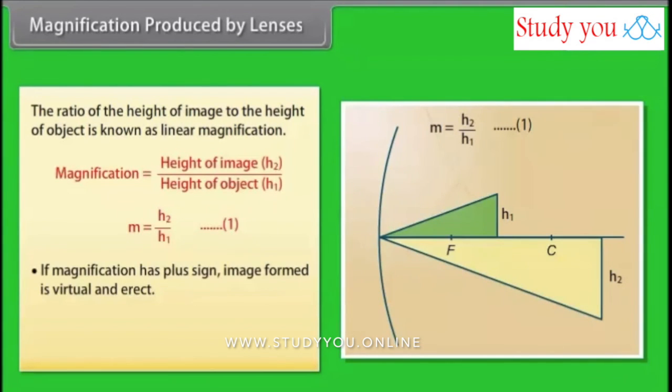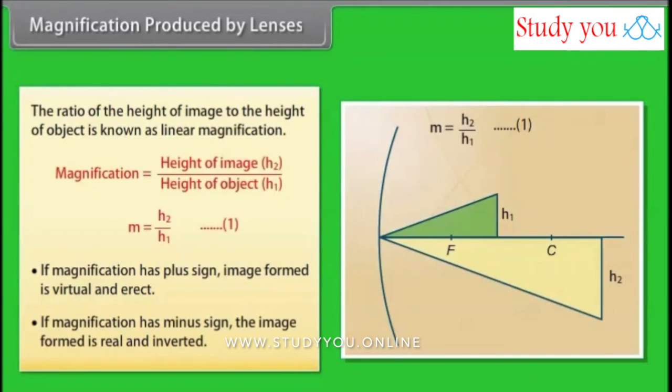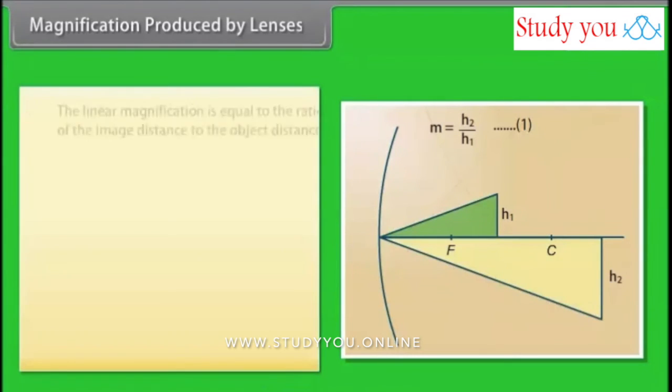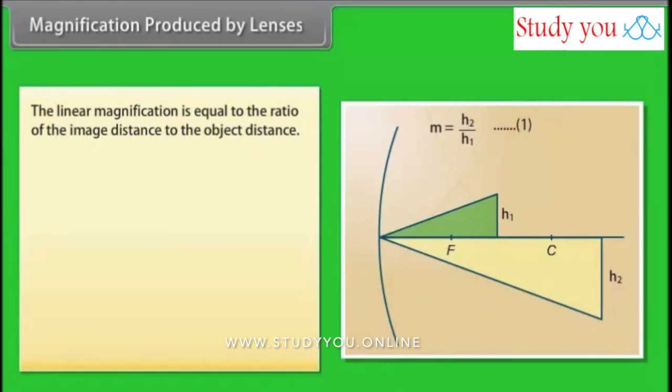If magnification has plus sign, the image formed is virtual and erect. If magnification has minus sign, the image formed is real and inverted. The linear magnification is equal to the ratio of the image distance to the object distance.